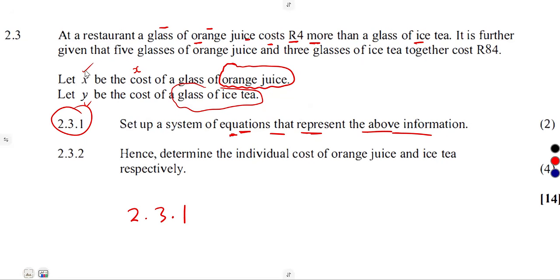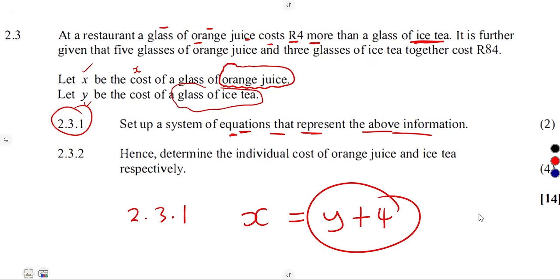So the orange juice, which is x, for us to have its cost, we must take the cost of a glass of iced tea, which is y, like this. Then we add 4, because this one is 4 more than. So for them to be equal, you must add the 4 to the one that is more than. They are saying 4 more than this, more than that.